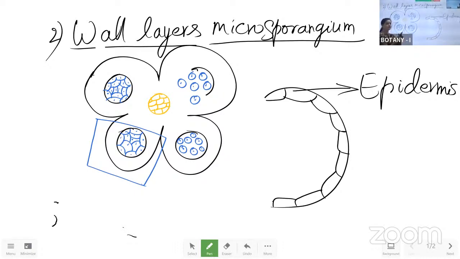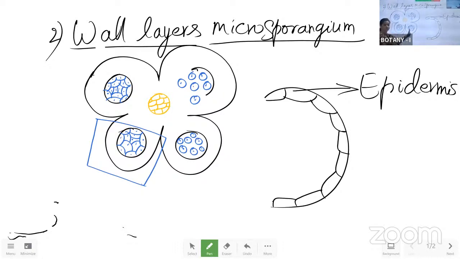So this much we have to remember and write. If you don't know any other thing, use the word dehiscence, otherwise say the word split. The anther wall splits at the point where the epidermal cells are thin-walled and makes the pollen grains, otherwise the microspores, release into the outside atmosphere. This much we have to write for the epidermis.